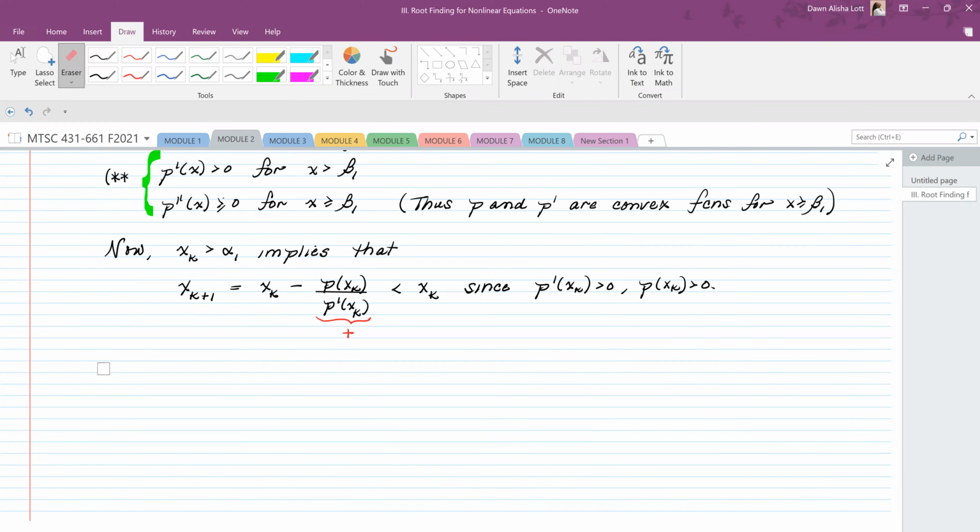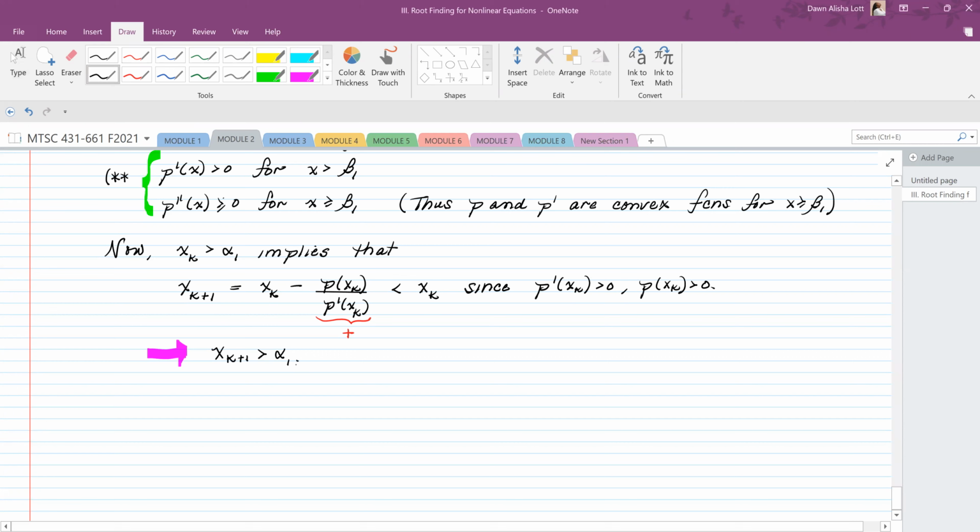So therefore, x_{k+1} is bigger than alpha 1. Okay.